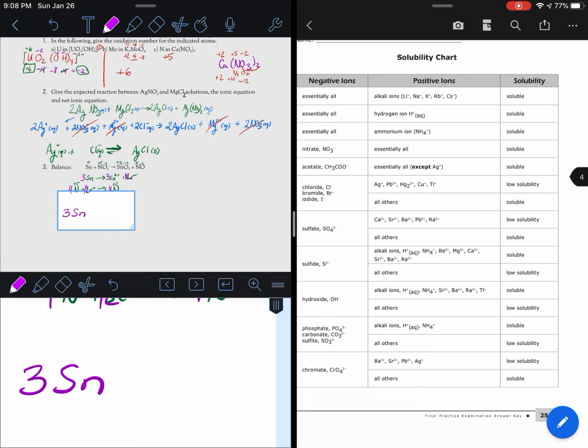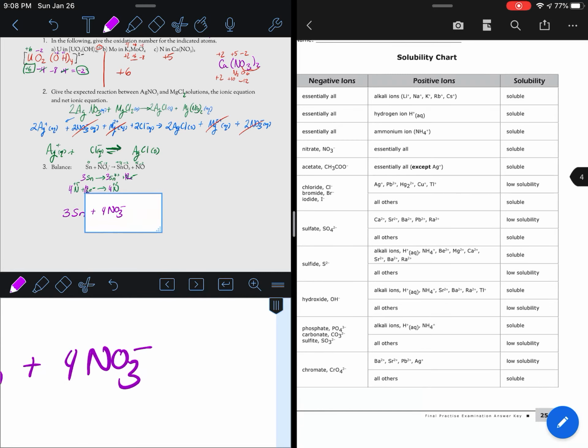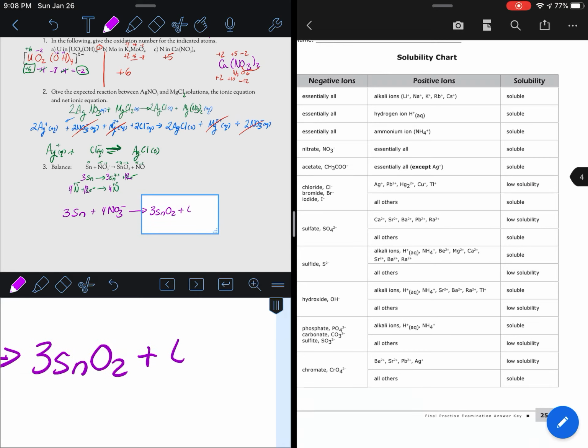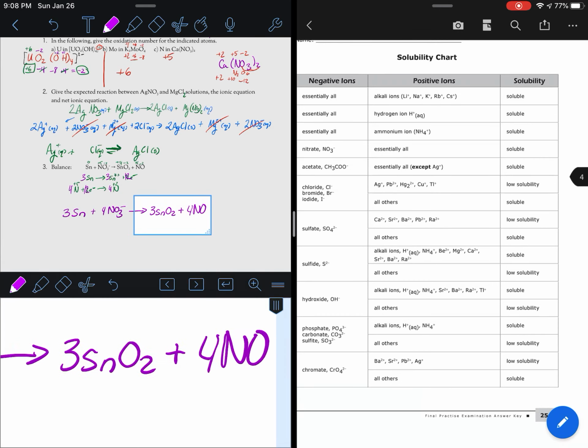So the idea would be to do something like this: 3 tins plus 4 NO3 minus gives us 3 tin oxides plus 4 NO.